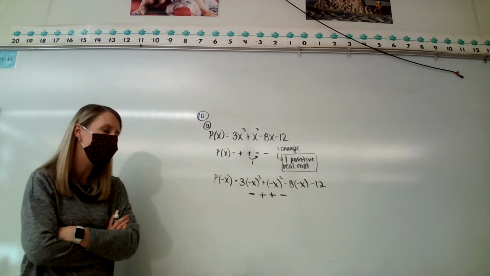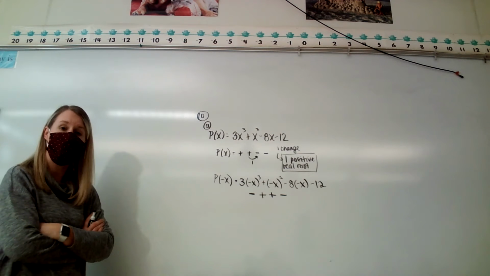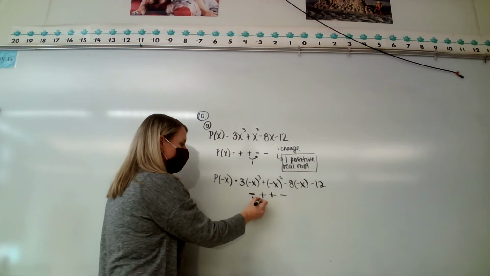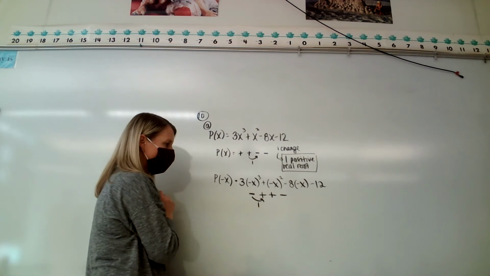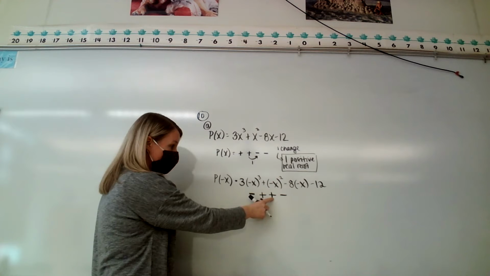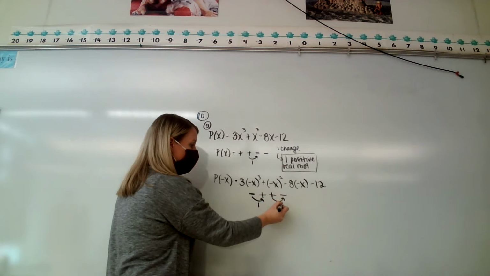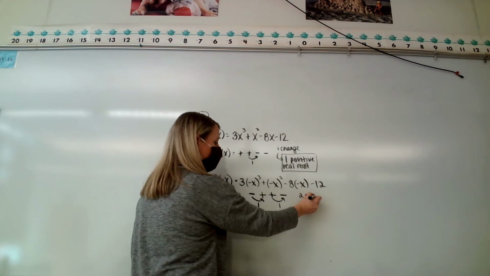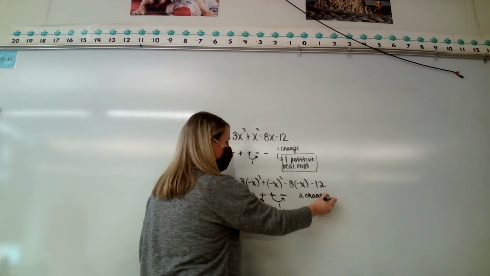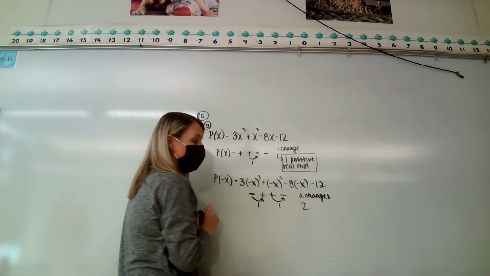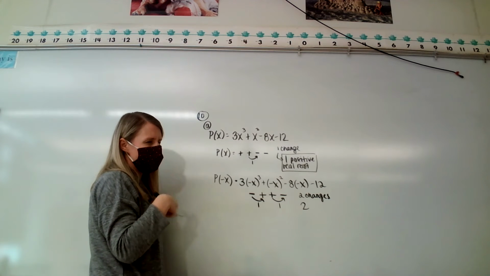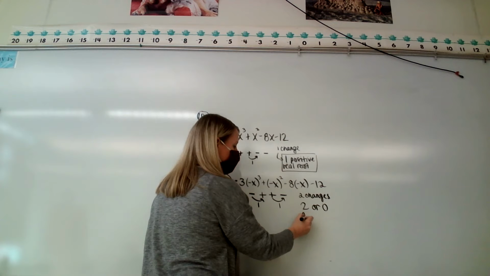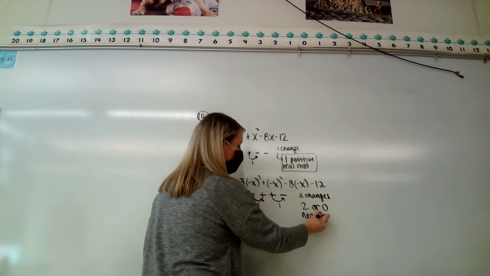Would they stay positive? And we're looking for sign changes. We have one sign change here. This is the same. We have another sign change here, which means we had 2 changes. So we could say there are 2, or you can always subtract by an even number, so you can always subtract by 2, or 0 negative real roots.